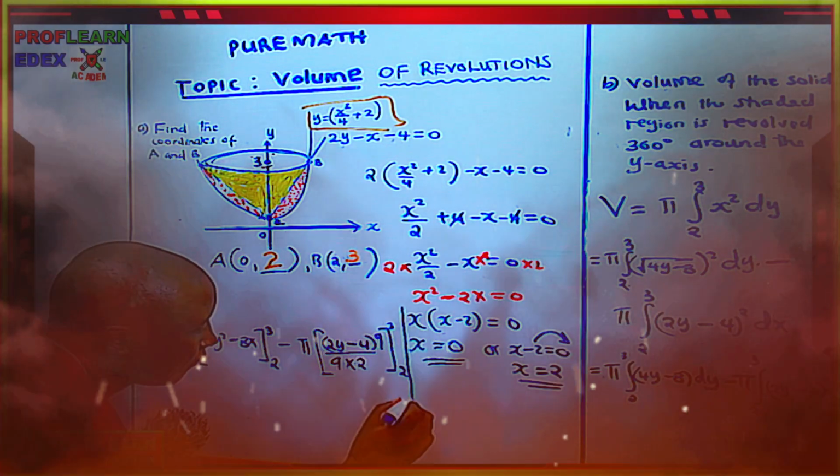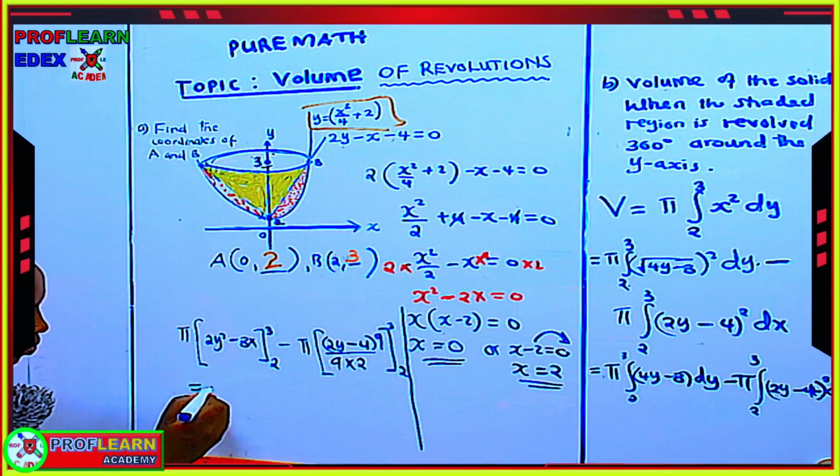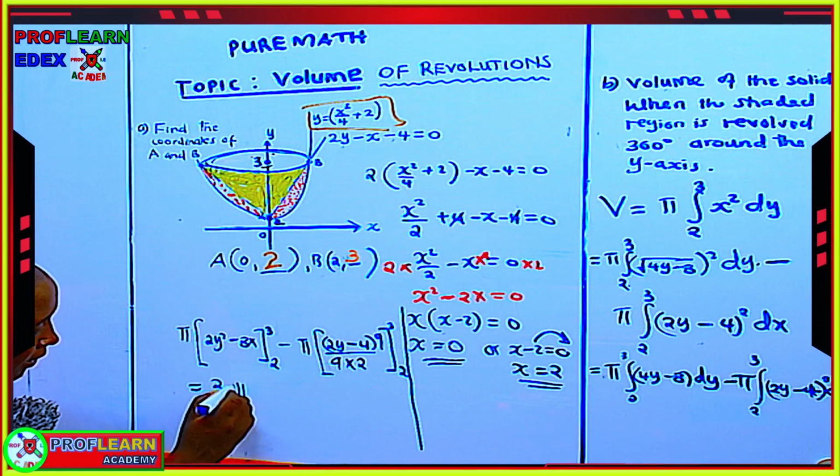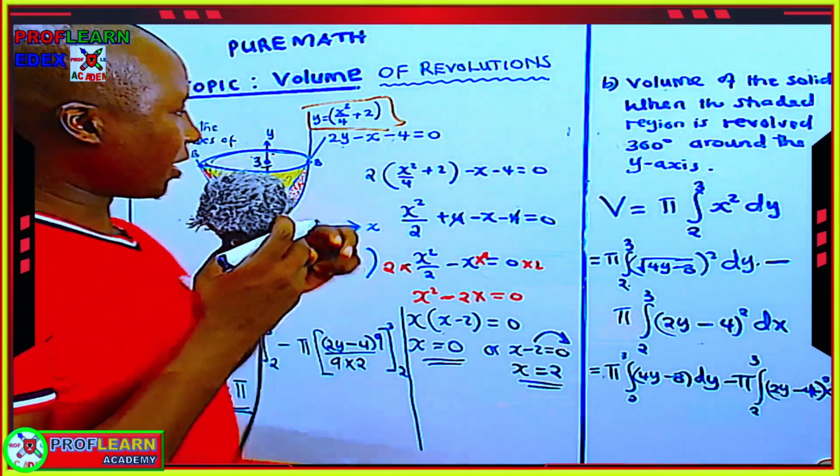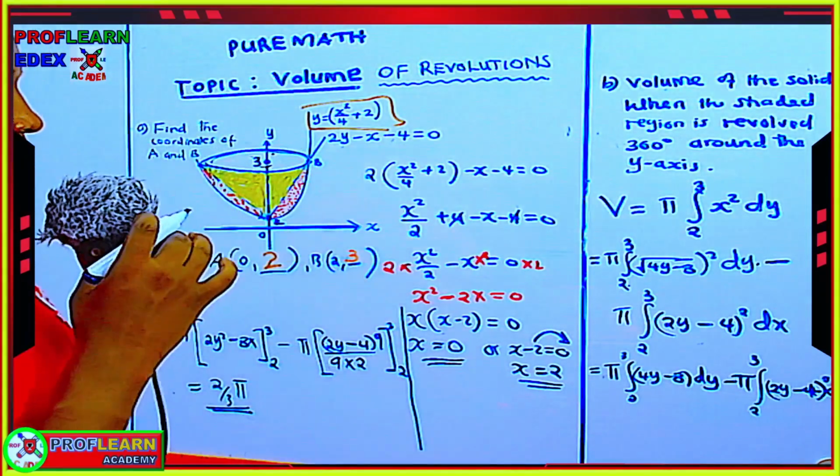So if you work out this question, you're going to get 2 over 3 pi as the answer, the volume of the revolution that you get after performing this.